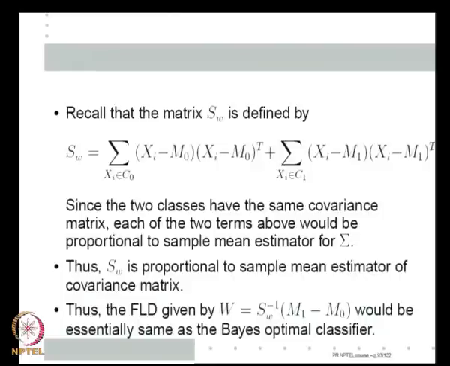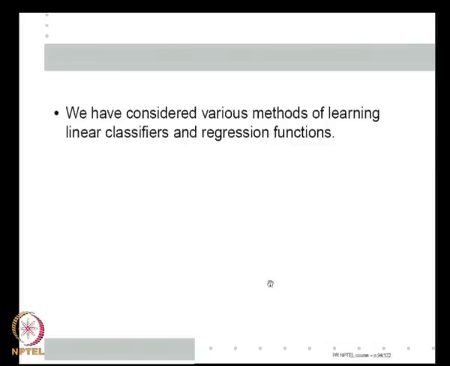That in itself is a nice geometric interpretation. In addition, as we have seen, it can be viewed as a special case of least squares, and also in the cases where base optimal is linear, at least in the normal class conditional densities case, Fisher linear discriminant gives me the same classifier as the base optimal. Okay, so that is the story of Fisher linear discriminant.